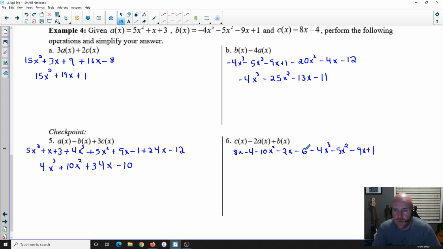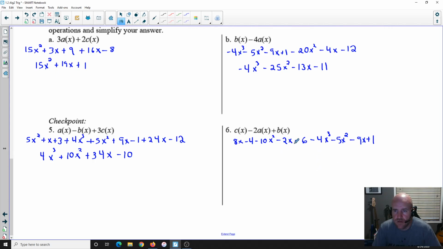Now we're looking for like terms, high to low. Again, there's only one cubed. And then we have 2 squared terms, -10 and a -5. That'd be -15.